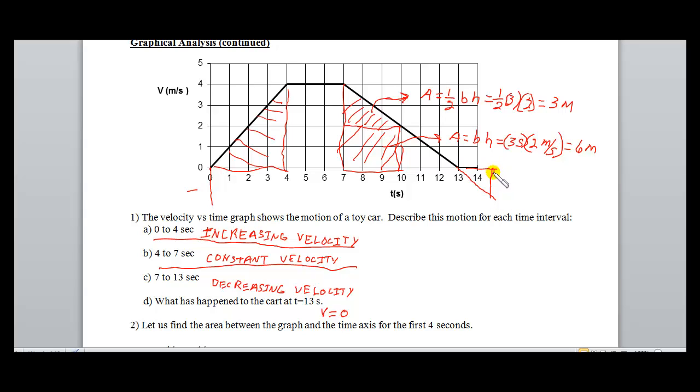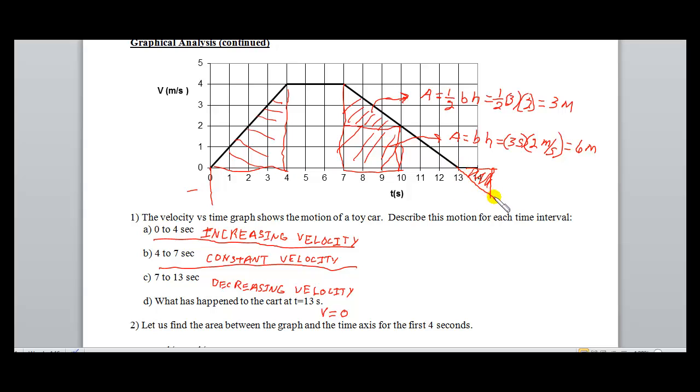We'll say this was 15 seconds. Well, we would have to find the area of this little right triangle. In other words, whenever we talk about the area on the graph, we're talking about between the graph and the time axis. And this is the same situation.